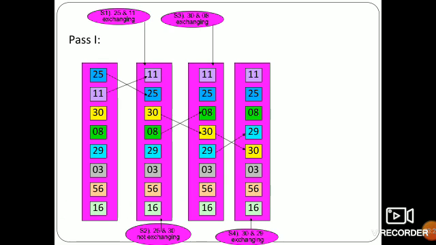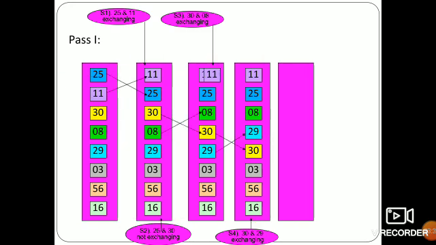Now 30 and 3 have to be compared. 11, 25, 8, 29. Now 30 and 3 have to be exchanged.